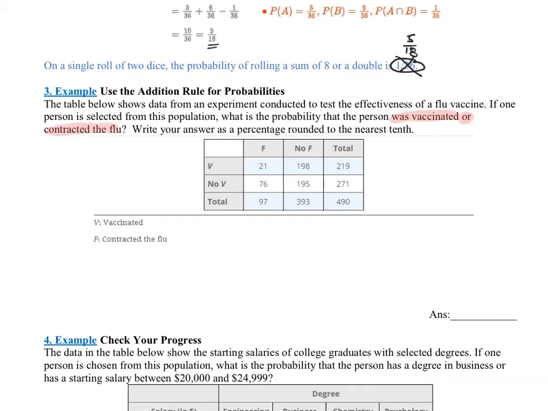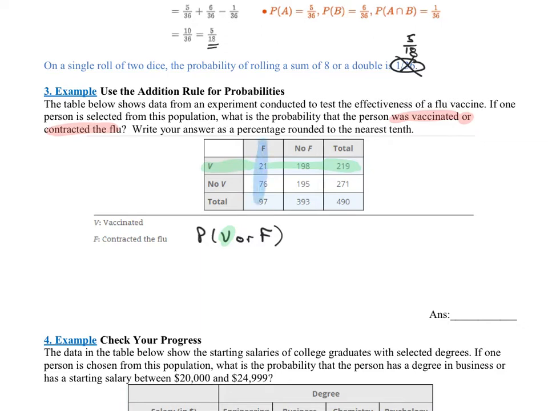So here we have two separate things. We have the probability of vaccinated or contracted the flu. So let's look at the first one. The probability that they were vaccinated. We have a total of 219 people that were vaccinated. Now let's look at those who got the flu.